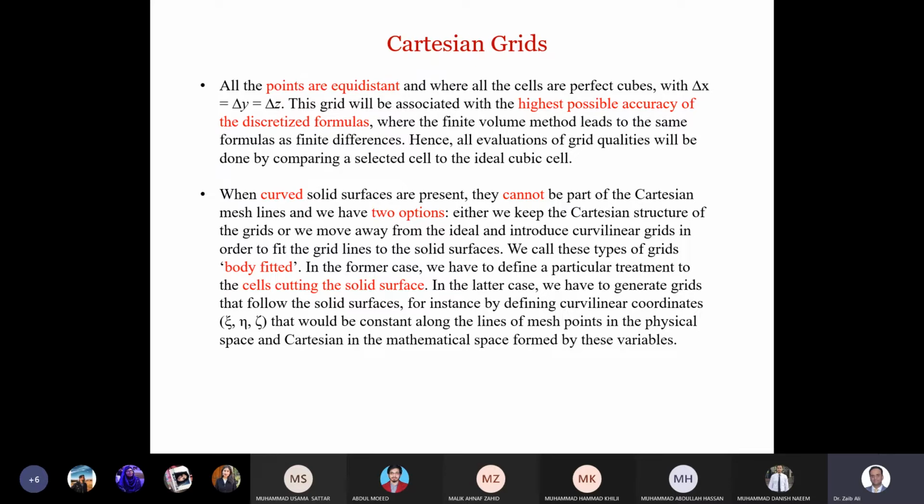But as the geometries become more curvilinear, with curved shapes, or become complex, then it's difficult to apply Cartesian meshes because you won't be able to split it into perfect square shapes or perfect cubic shapes.